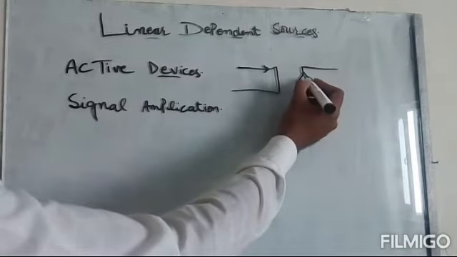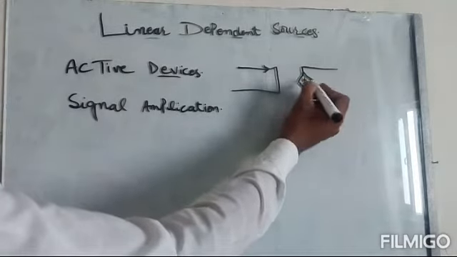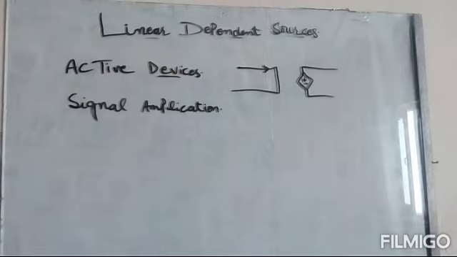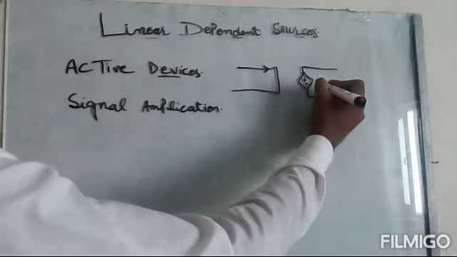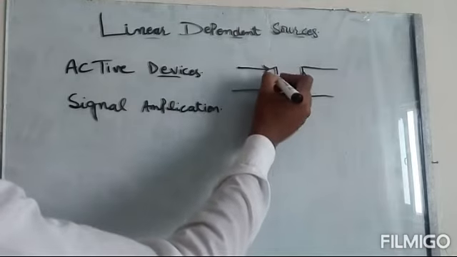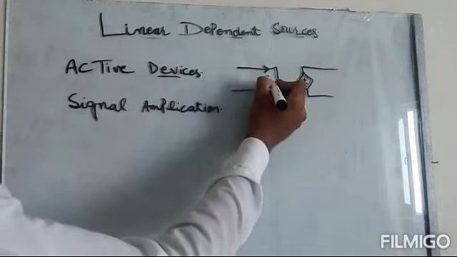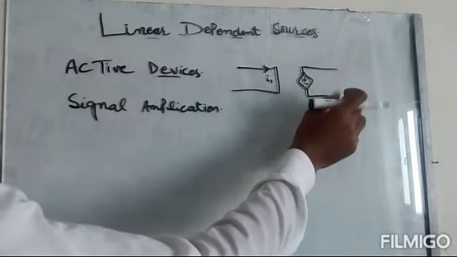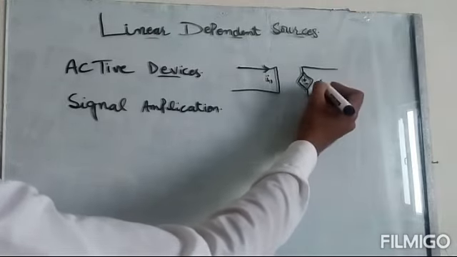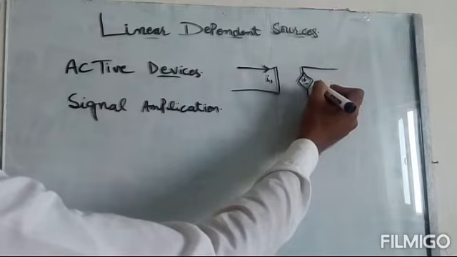So this can be a current controlled voltage source, and if the current flowing in this source circuit is I1, then the voltage of this current controlled voltage source will be I1R.